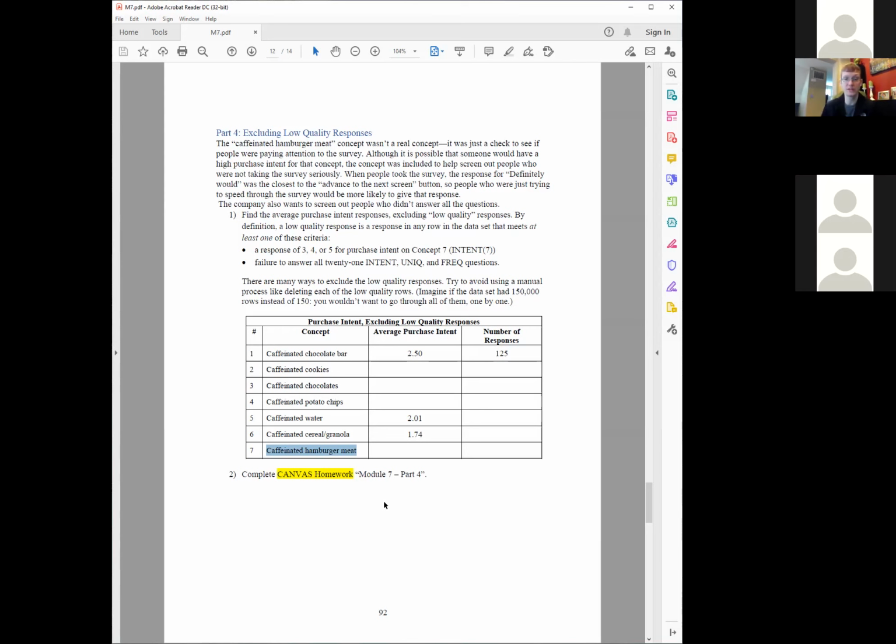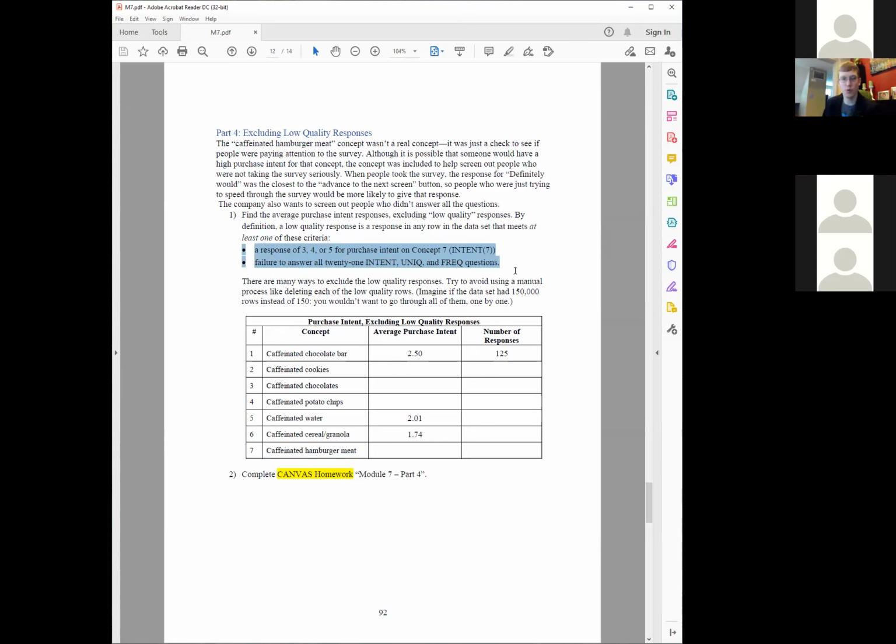So that's one criteria. The other criteria is that there were these 21 questions, right? There were 7 questions here for purchase intent, another 7 for uniqueness, another 7 for frequency. If they failed to answer any one of those, we're going to throw away their responses. Okay, how do we do this? We essentially need to test for the opposite of this, right?